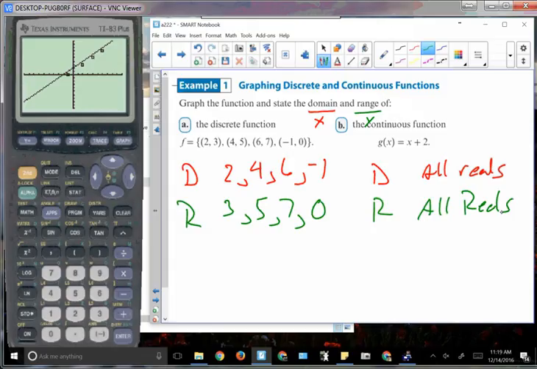If you have to find the domain and the range of a continuous function that is a line, domain all reals, and range all reals. Now, if you have something that is a curve or something else, I'll explain how that goes. But for right now, this is what it's going to be.